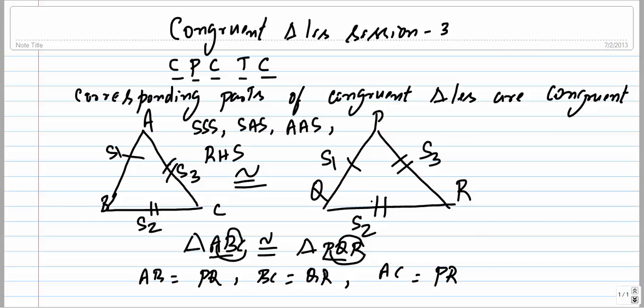If I get the sequence wrong, that means the inferences from this congruency will go completely wrong. Let me take another case to explain this.